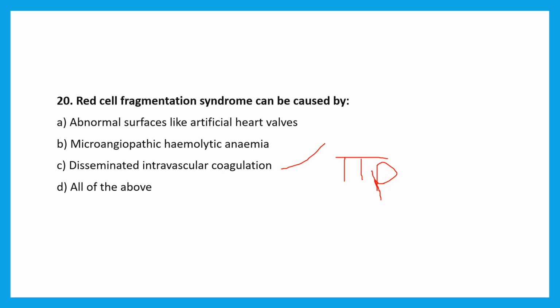And then hemolytic uremic syndrome. So these are actually examples of the microangiopathic and macroangiopathic that we're talking about. So we are saying A, B, C are correct answers, and D is not really our correct answer in this case.